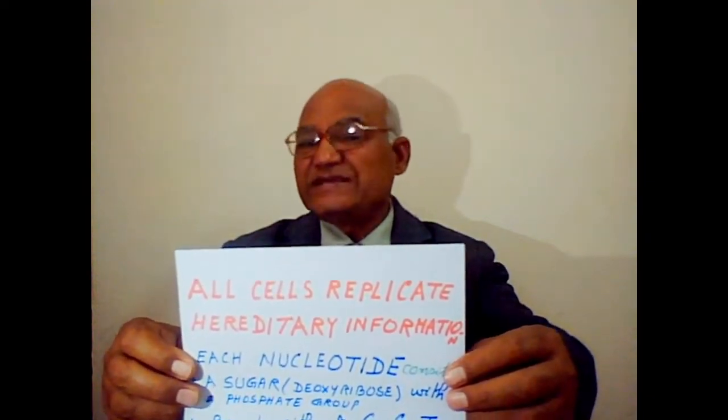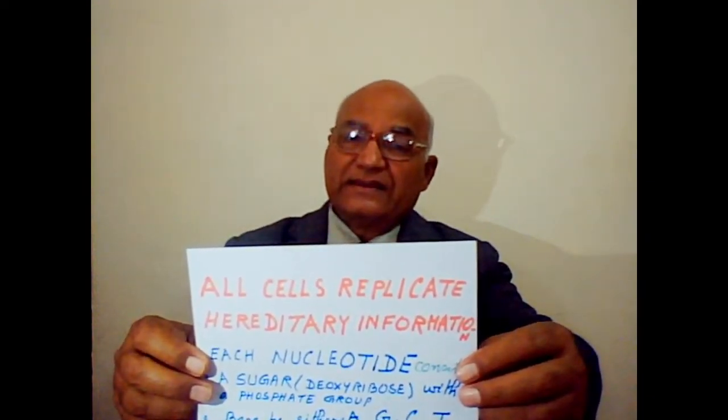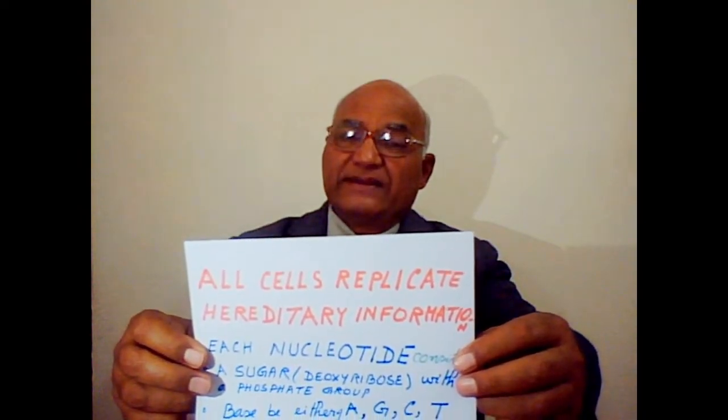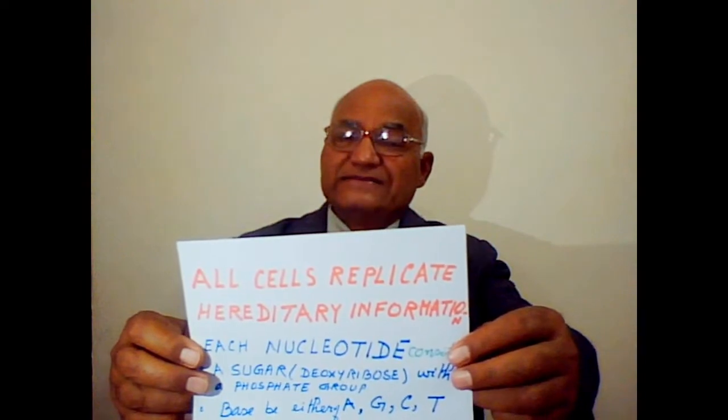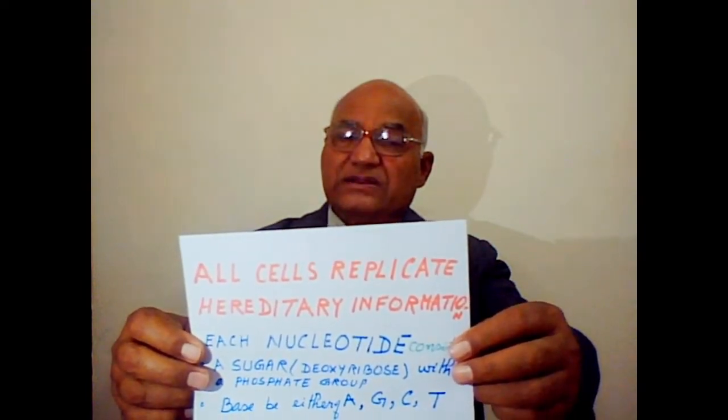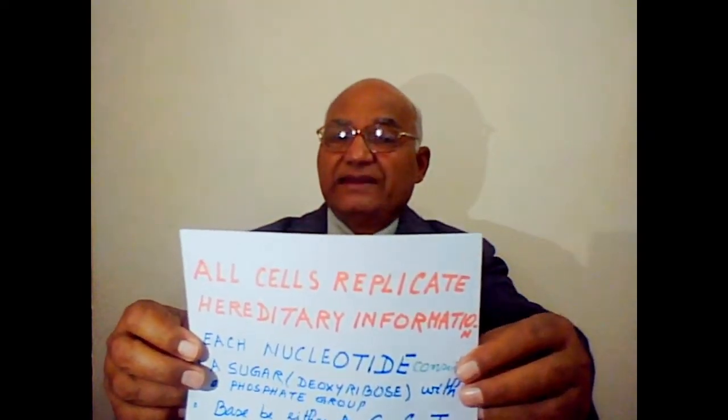The nitrogenous bases are adenine, abbreviated or written as A, guanine written as G, cytosine written as C, and thymine written as T. So this makes the hereditary material, the nitrogenous base in the sugar phosphate backbone.